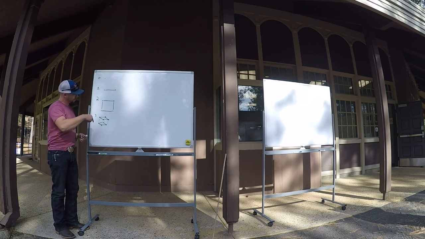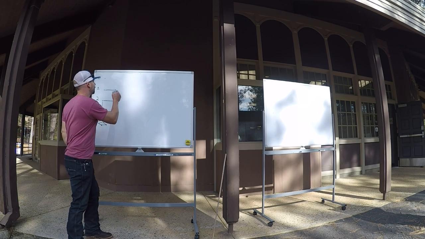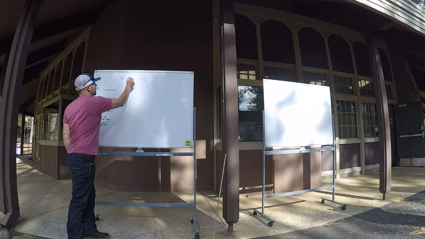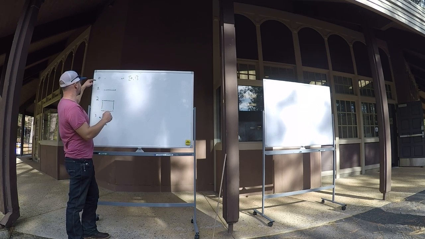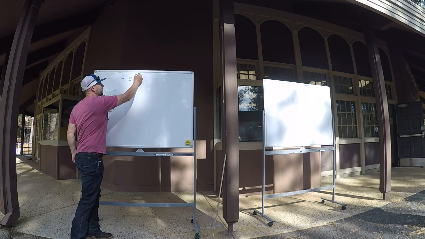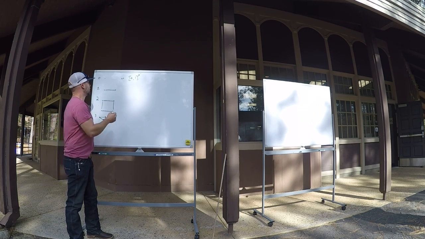Another way you can think about these things is as the interval from 0 to 1 raised to the power of the dimension you're talking about. So if I raise this to the 0 power, I get a point.